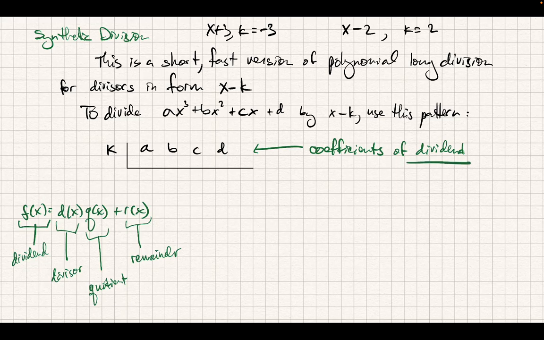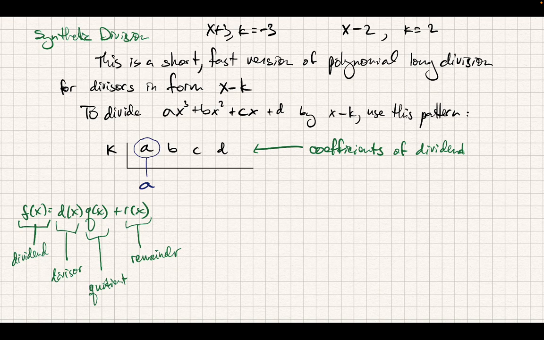So here, A, B, C, and D are just the coefficients of my dividend. And here's what I do. I start with A, and I just bring it down for free.